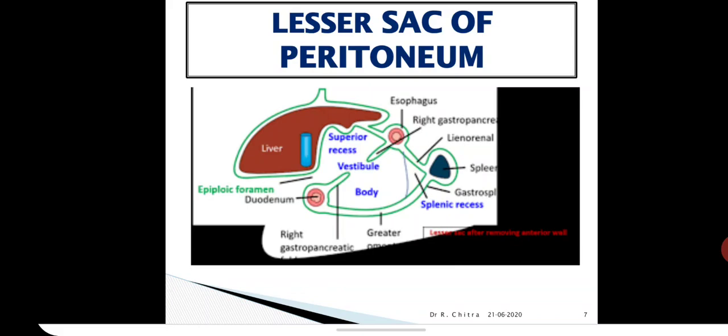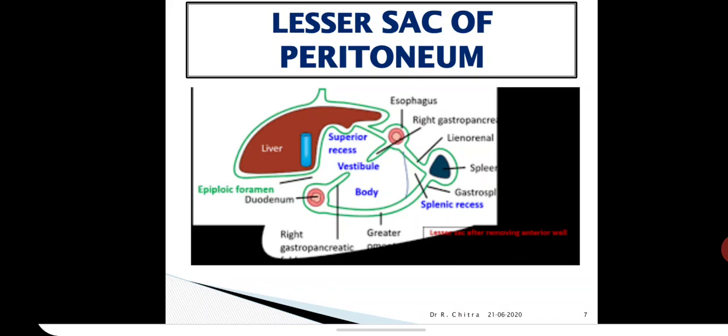There is the superior gastropancreatic fold, that is directed downwards and to the right, formed by the arching of the left gastric artery. Inferior gastropancreatic fold, that is directed upwards and to the left, and it is formed by the hepatic artery.